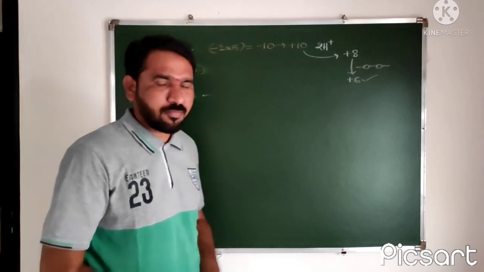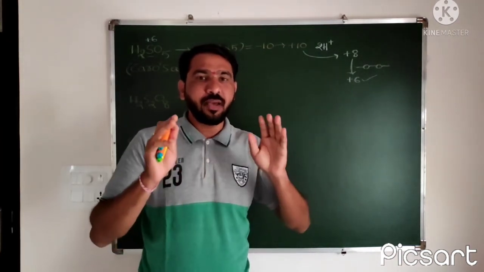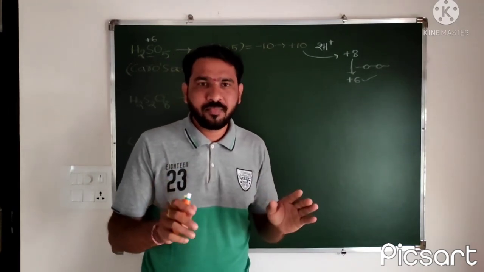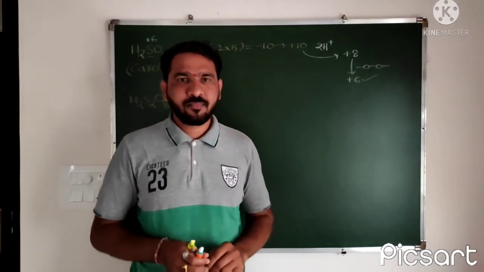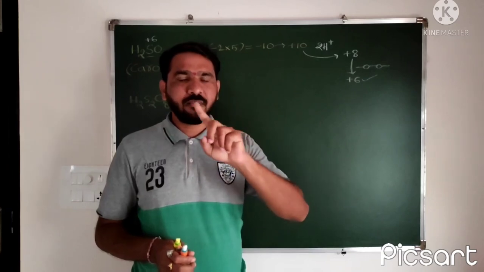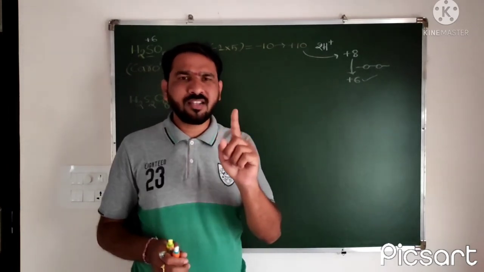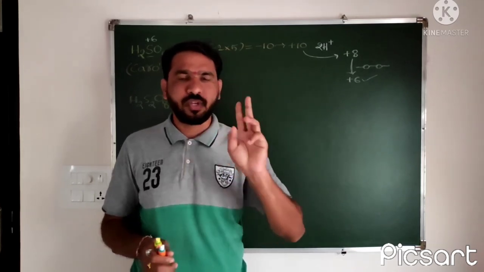By this explanation, you will get clarity about the use of peroxy linkages also. Remember, one peroxy linkage has two oxygens. Each oxygen in the peroxy linkage has -1 charge. By using one peroxy linkage, the positive oxidation state is reduced by 2 units.